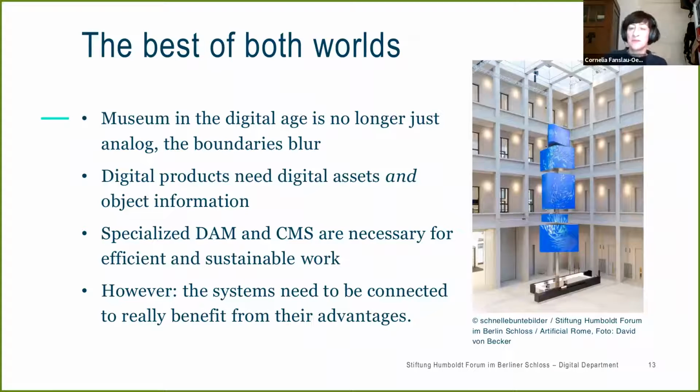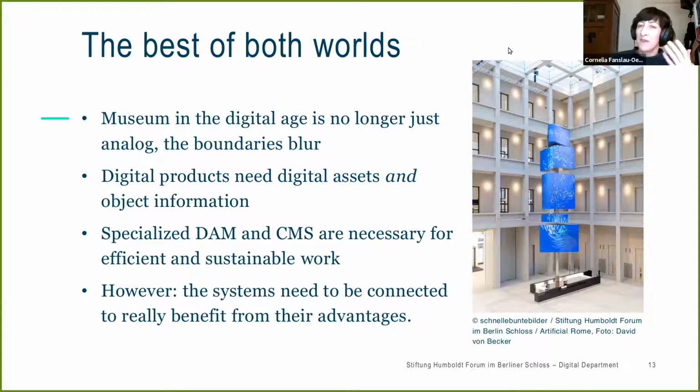We know that museums are no longer just analog. Their boundaries are fuzzy, they blur, and we know that for our digital exhibitions, for our digital products, we need assets on the one side, but we also need the object information.